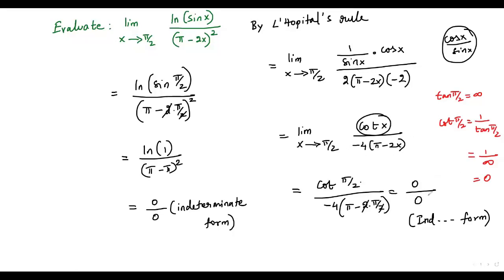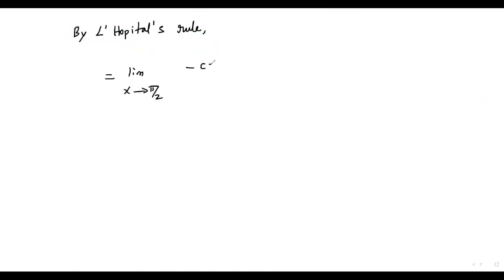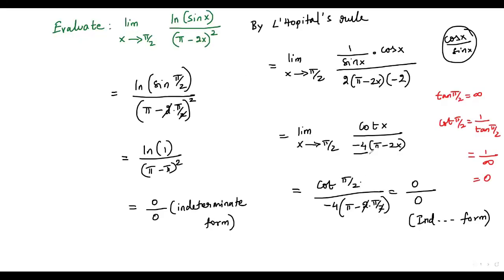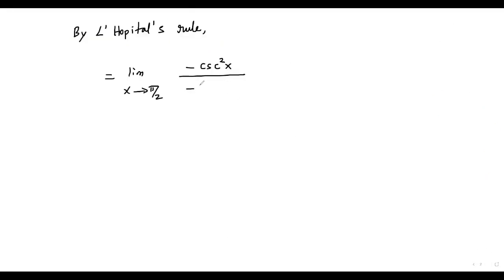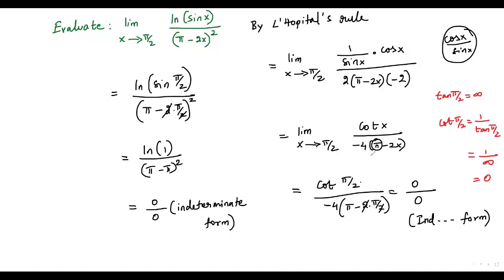When I find the derivative of this numerator cotangent x, that is negative cosecant square x. And in the denominator, we have negative 4 multiplied by the variable part. So you have to keep this negative 4 as it is and find the derivative of this one. So negative 4 times, when I find the derivative of this pi, it will become 0.